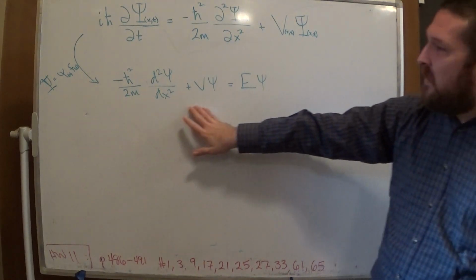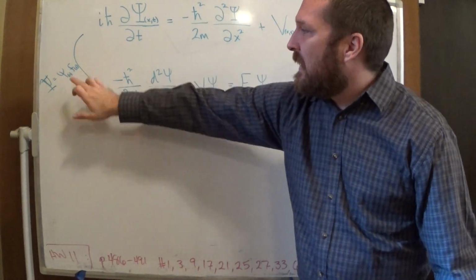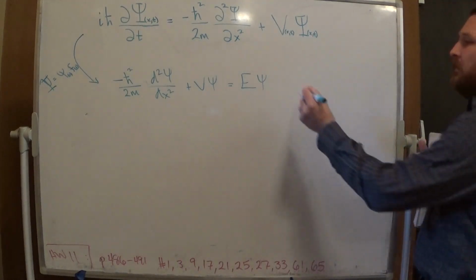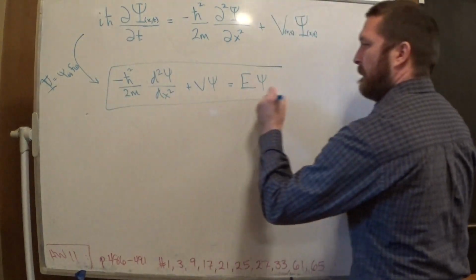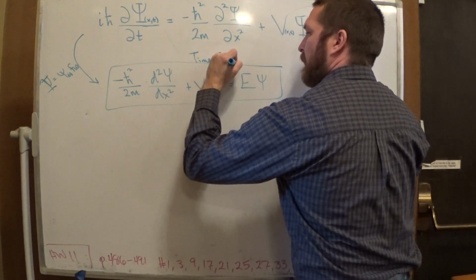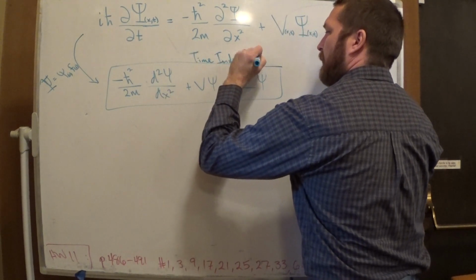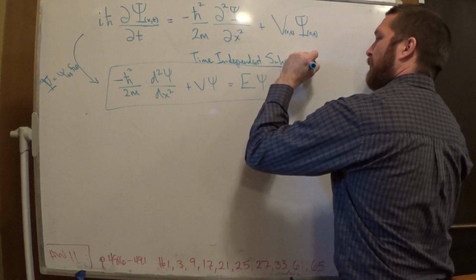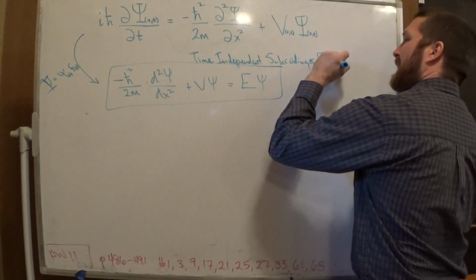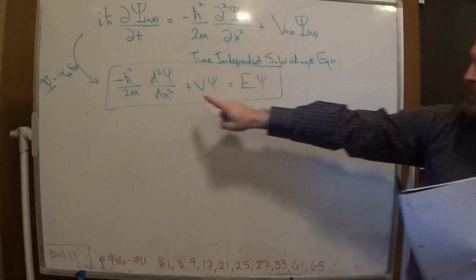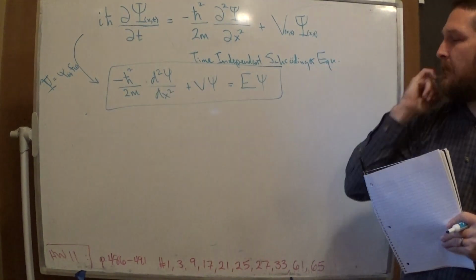When you get rid of the time, this is called the time-independent Schroedinger equation, where now you've assumed that this function is just a function of x.